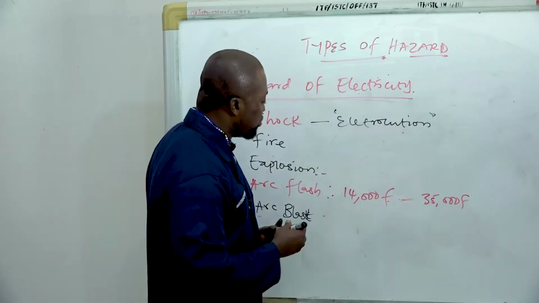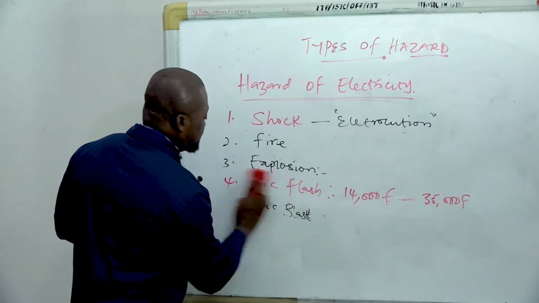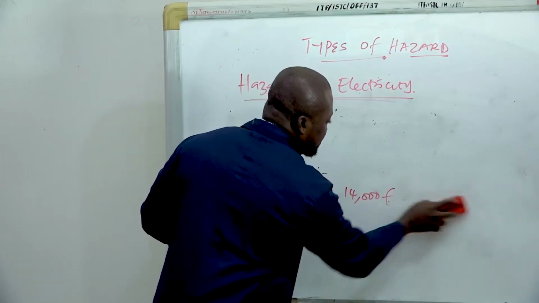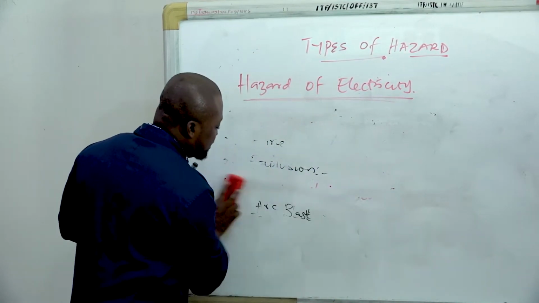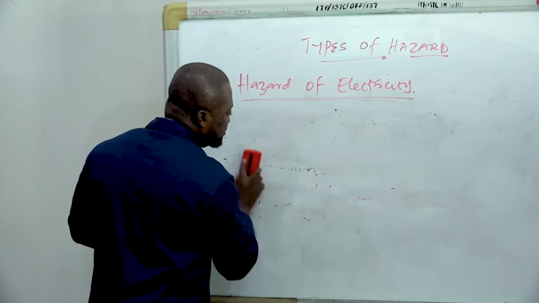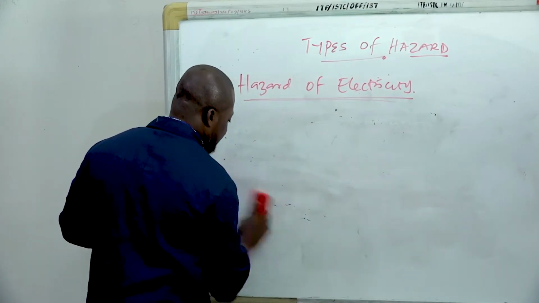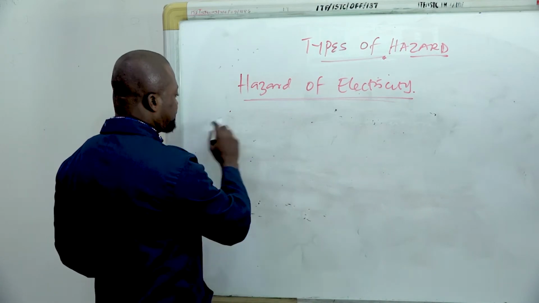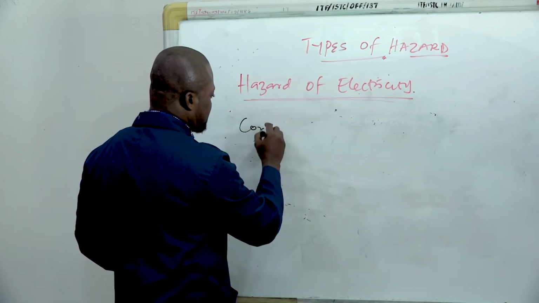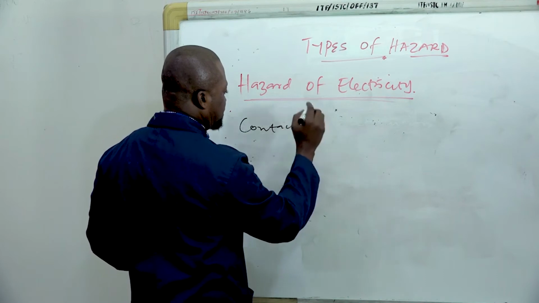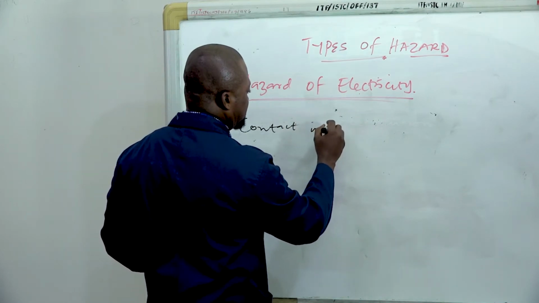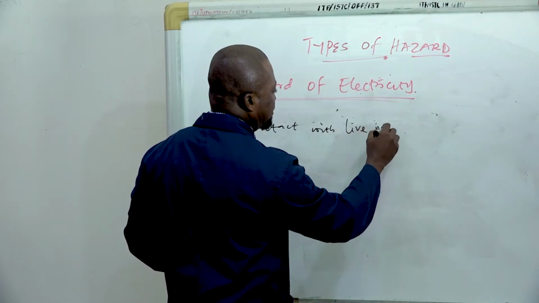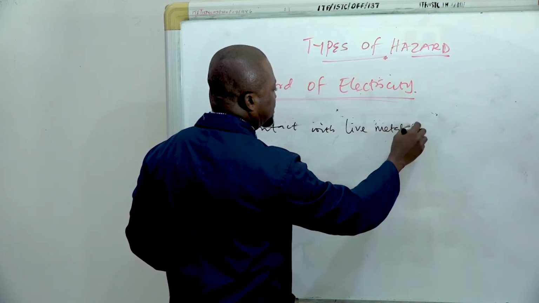So when you are walking, be careful that you don't make contact with electricity or naked cable, materials that can lead to accidents. It occurs through contact with live metal parts.